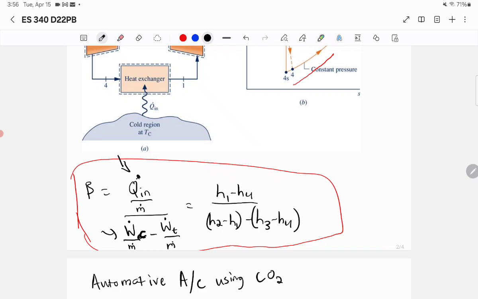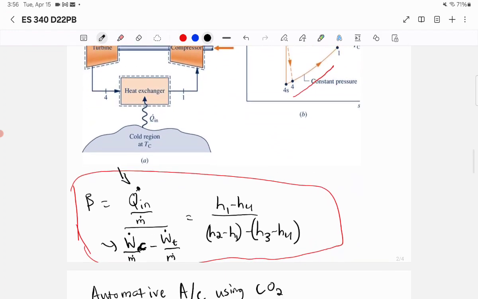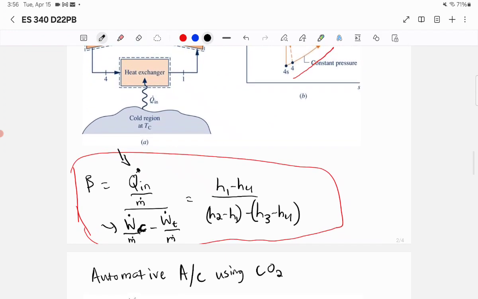Then you can see that if you look at these four pieces, ignoring kinetic energy, potential energy, all of that good stuff, you come up with the following equation. I do suggest that you go back and remind yourself of the equations, because we've done this before, but it's been a little bit of time.